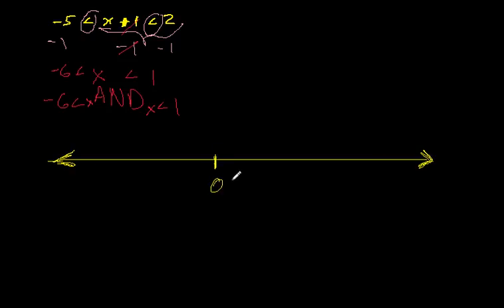I put 0 down, and then a couple more: this is -6, this is -12, and I'll call this 1 and this 5.